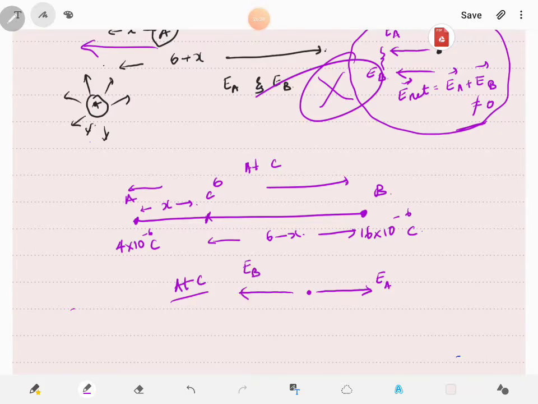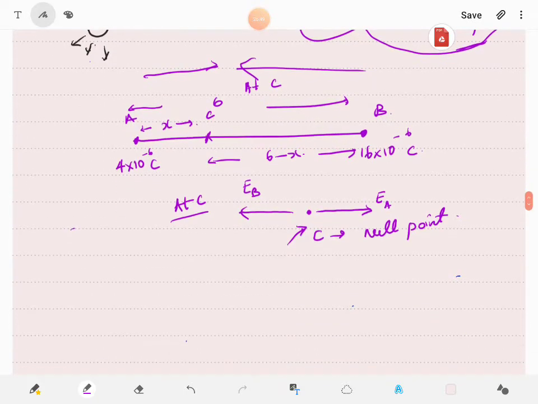Because it is a positive charge, it is directed away from the charge. Therefore, at C, this can be a null point. So whenever we have two positive charges, a null point always exists between the two charges, and it is always closer to the smaller charge.